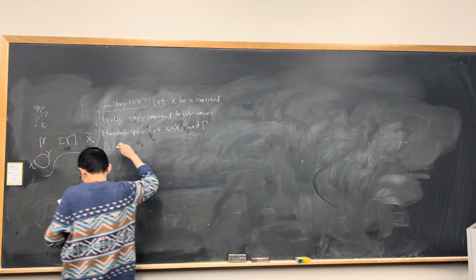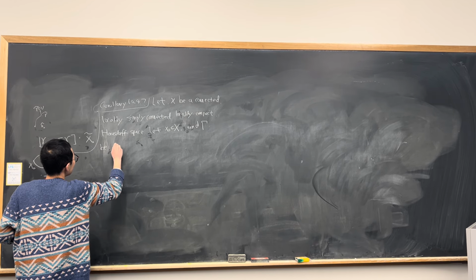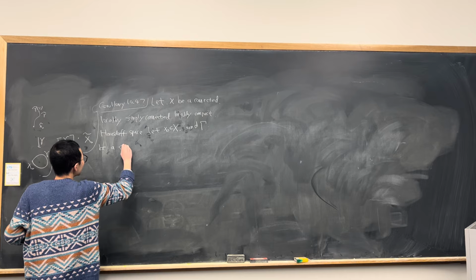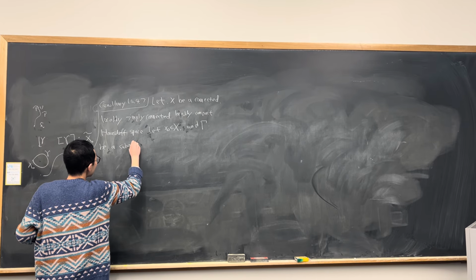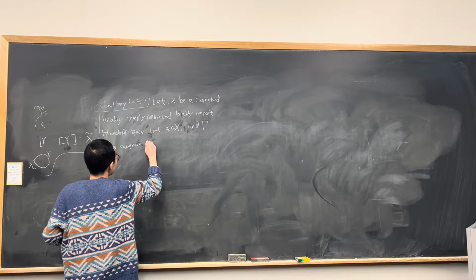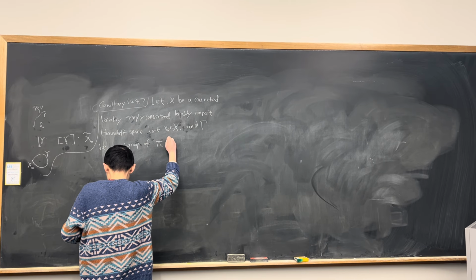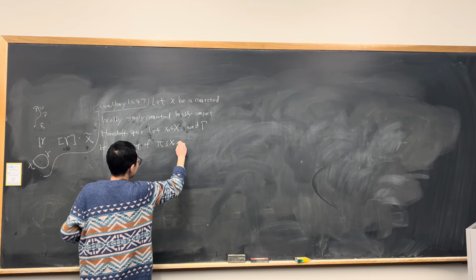So this is a group gamma, a subgroup of pi 1 of X naught.